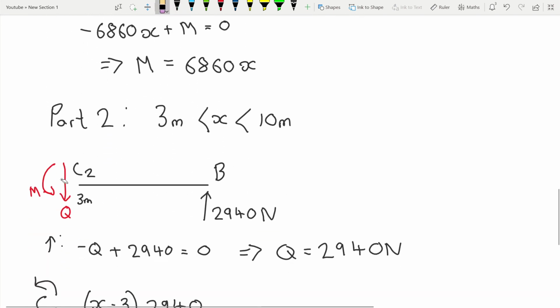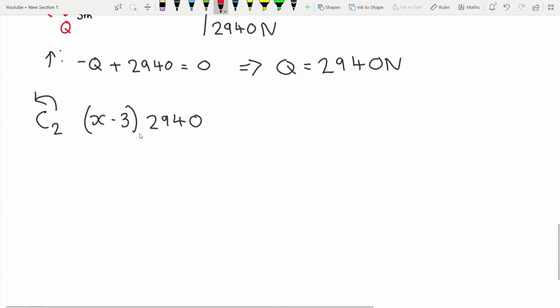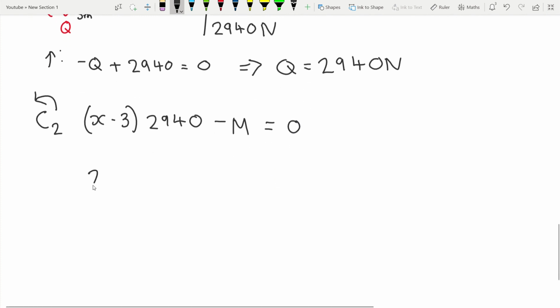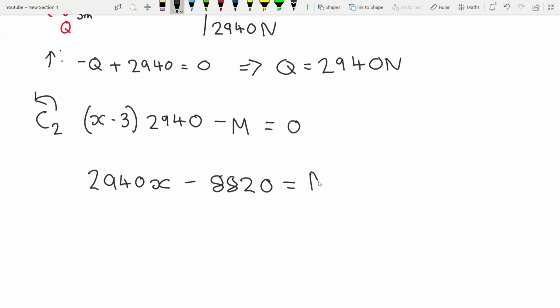So that moment is supposed to go the other way. So we have minus M, our internal moment, all equals 0. That will give us 2,940x minus 2,940 times 3, minus 8,820 equals M. So that's our internal moment.